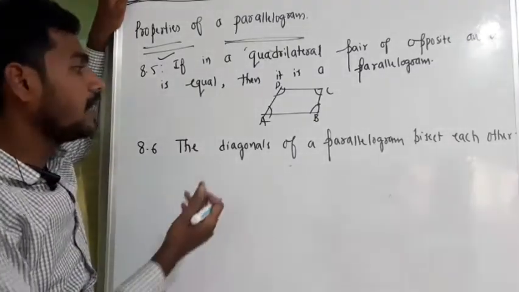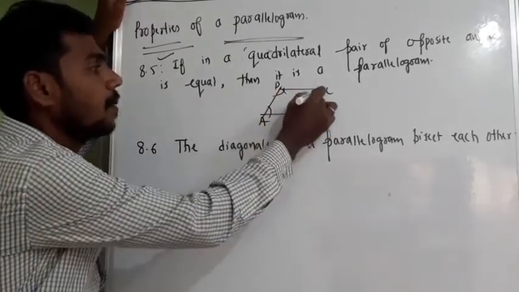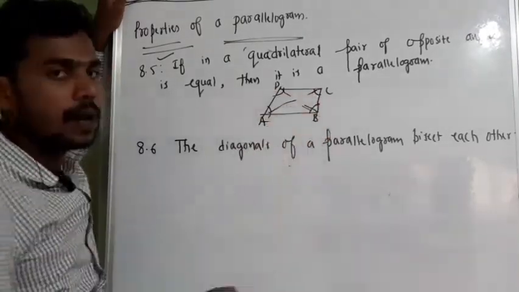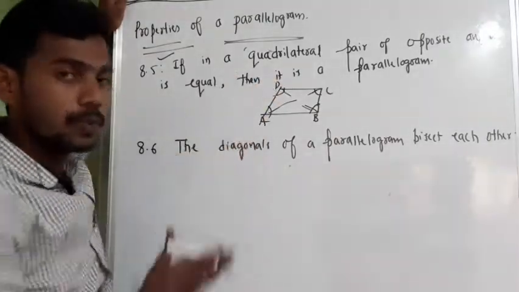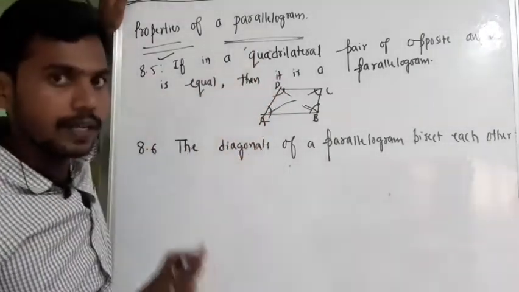Next, the diagonals of a parallelogram bisect each other. You do one thing, draw a parallelogram like this. Opposite sides should be equal and opposite angles should be equal, then we call it a parallelogram.